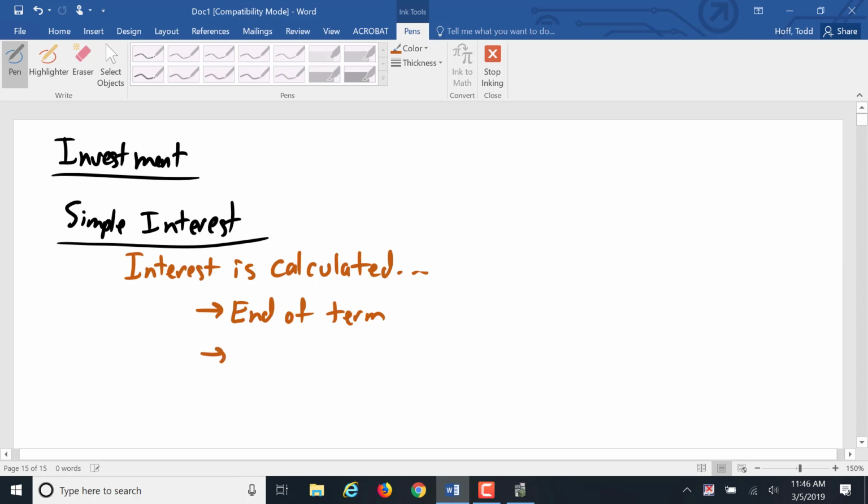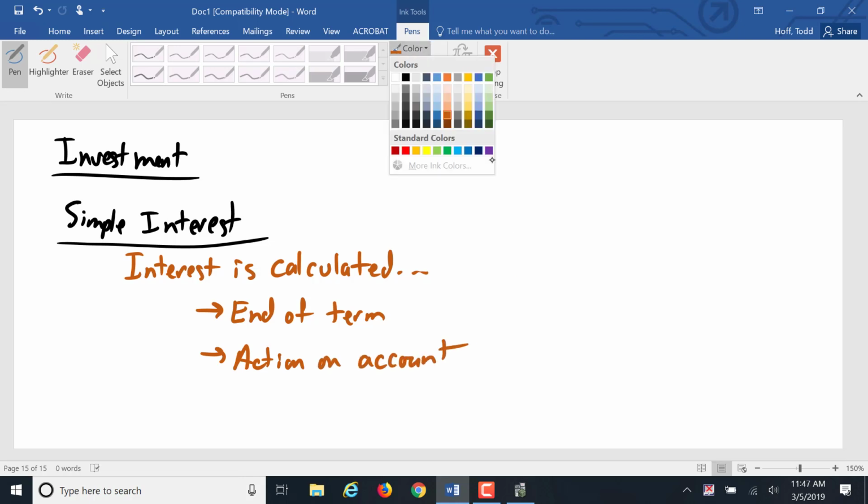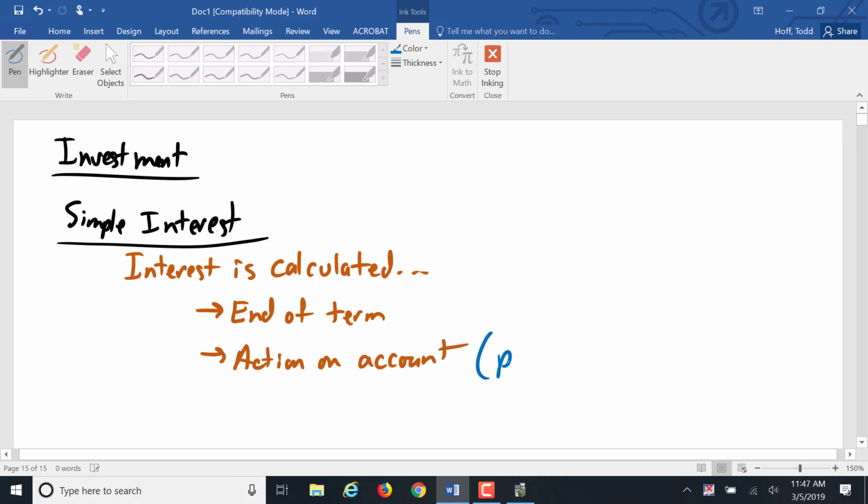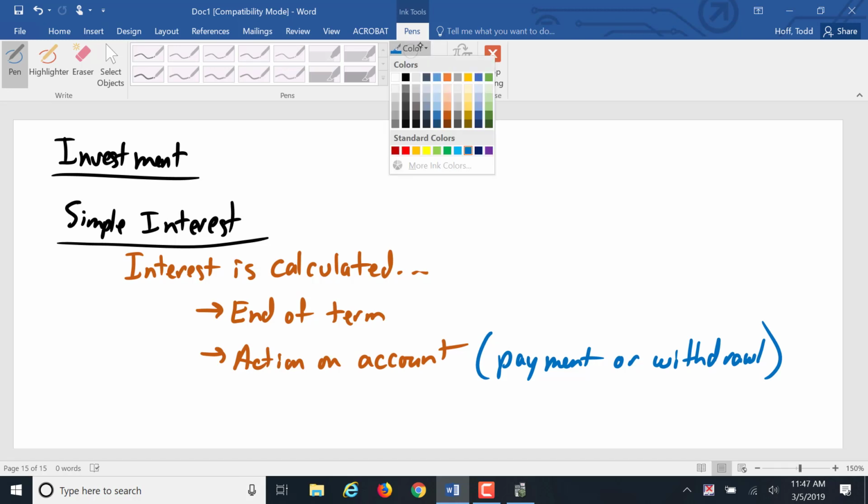The second would be that there is an action on the account. An action can either be a payment or withdrawal. So putting money in or taking money out is an action. Before that action can be done, they calculate the simple interest.